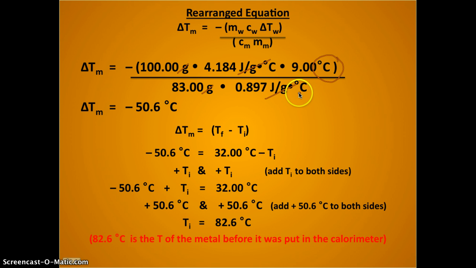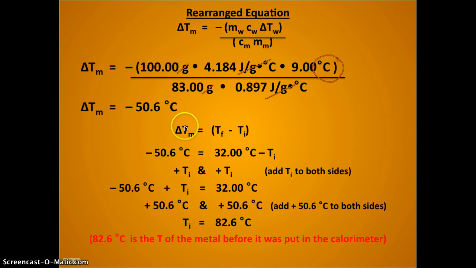Now, if you take a look here, unlike the last problem where we had a negative temperature change, a negative delta T, we have a positive delta T. So this negative is going to be carried through down to here. So you're going to multiply, multiply, multiply, divide, and also divide. And your unit's going to be degrees Celsius, keeping the negative in there. 5, 4, 3, 4, and 3 significant figures. So we'll just go with 3 here.